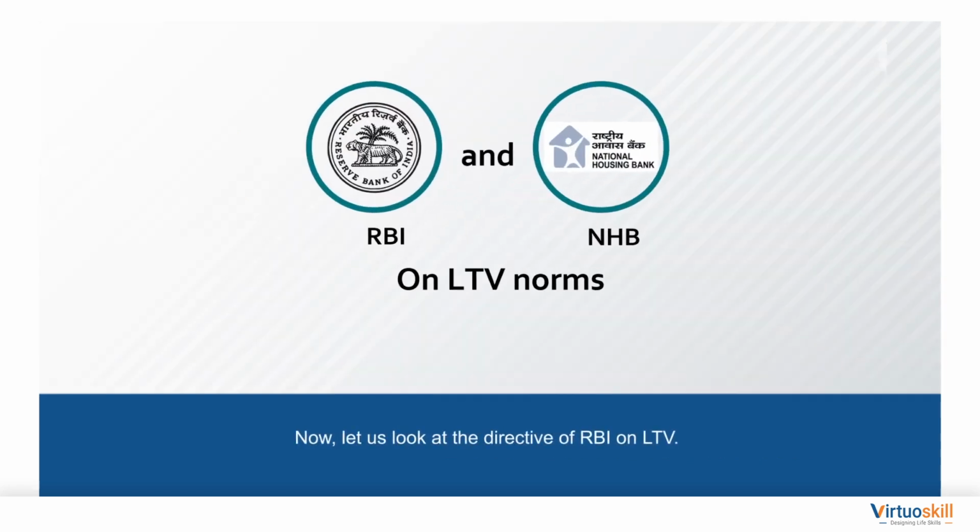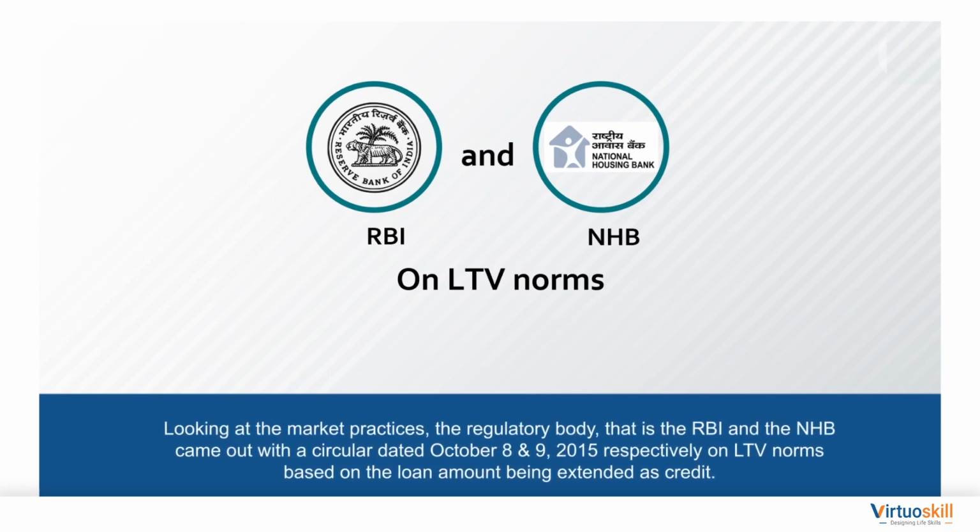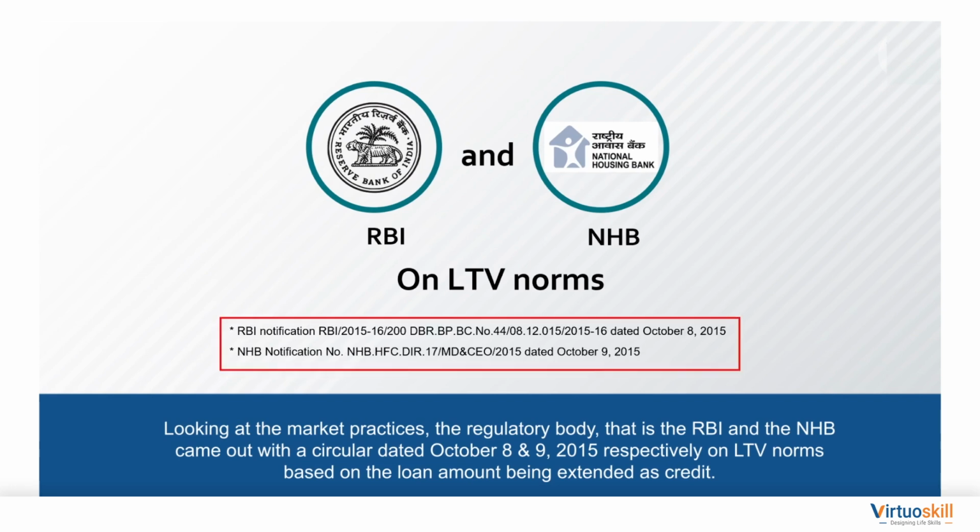Now, let us look at the directives of RBI on LTV. Looking at the market practices, the regulatory body, that is the RBI and the NHB, came out with a circular dated 8th and 9th October 2015 respectively on LTV norms based on the loan amount being extended as credit.